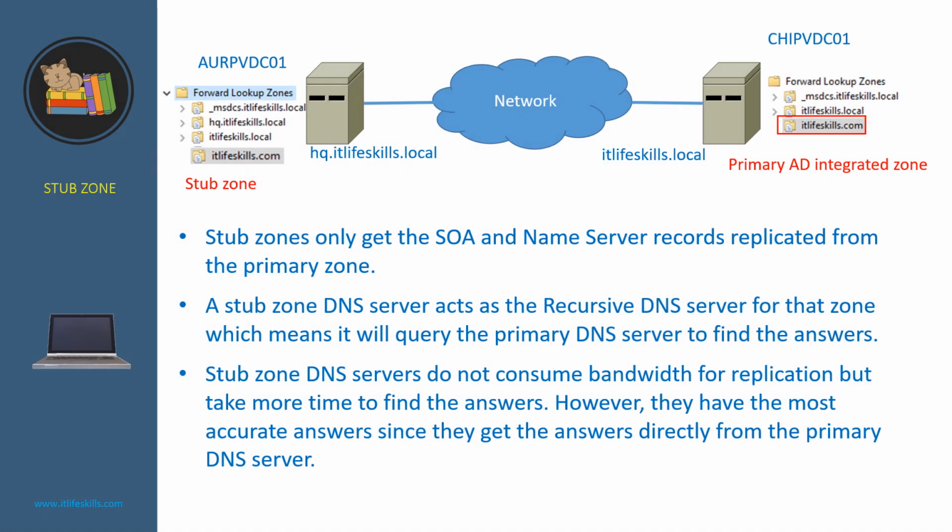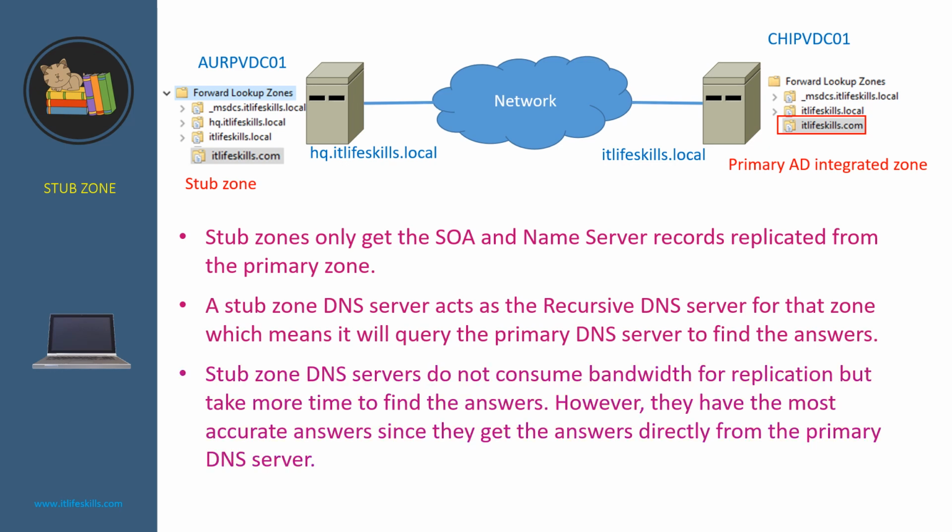Unlike secondary zones, stub zones only get the SOA and name server records replicated from the primary zone. A stub zone DNS server acts as the recursive DNS server for that zone, which means it will query the primary DNS server to find the answers.